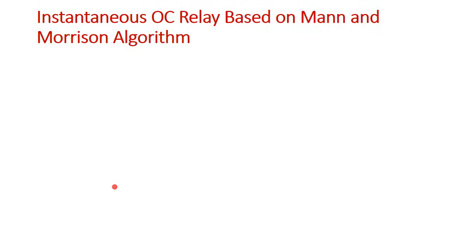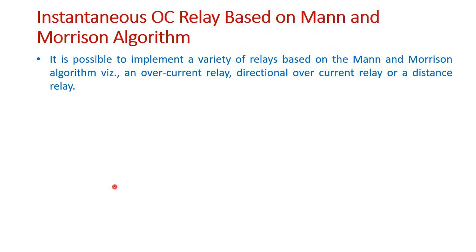It is possible to implement a variety of relays based on the Mann and Morrison algorithm: an overcurrent relay, directional overcurrent relay, or a distance relay, because when we extract the information like the magnitude and the phase angle, from that we get the information of the phasor.